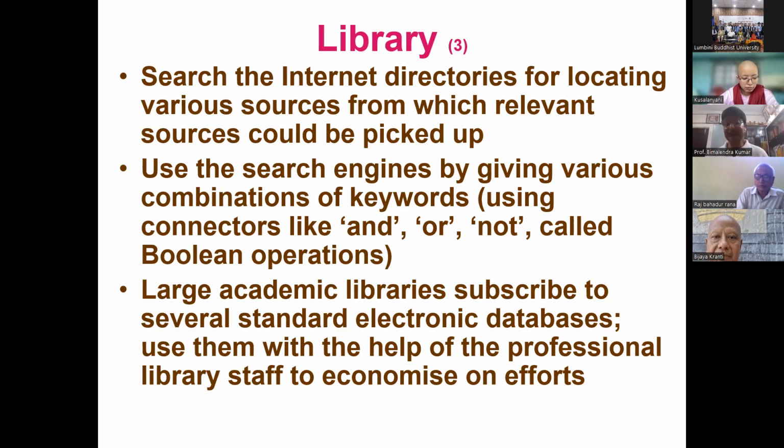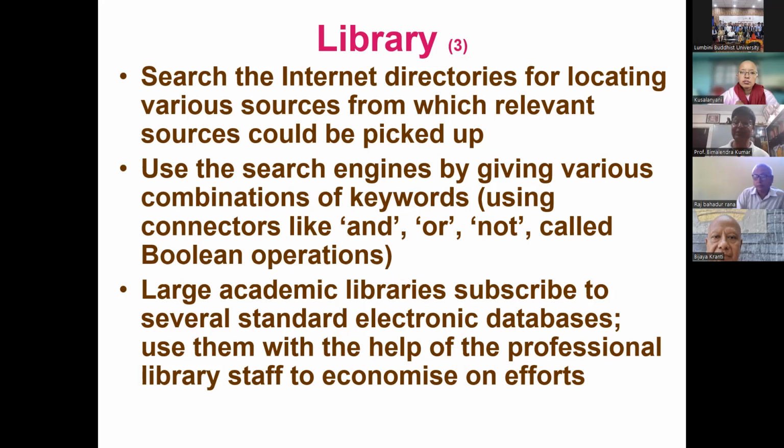Use the search engines by giving various combinations of words using connectors like and, or, not, called Boolean operations. There are keywords through which you can search the literature. Large academic libraries subscribe to several standard electronic databases.